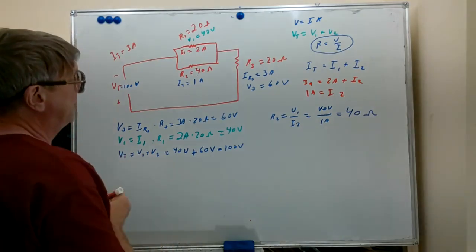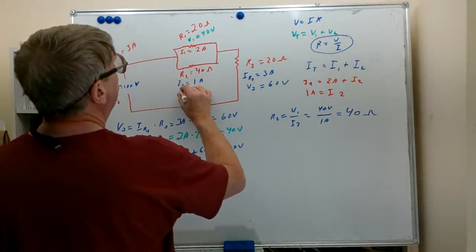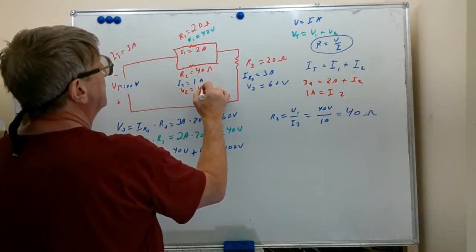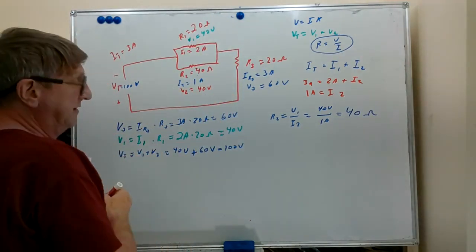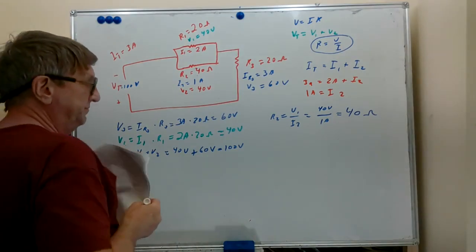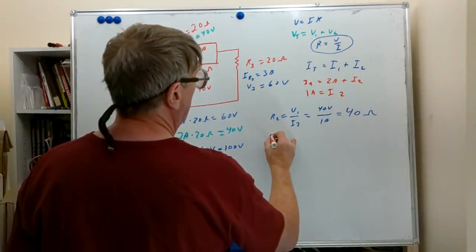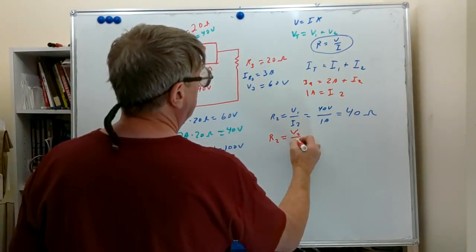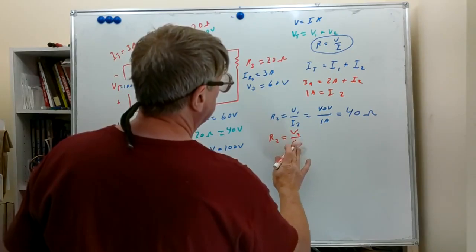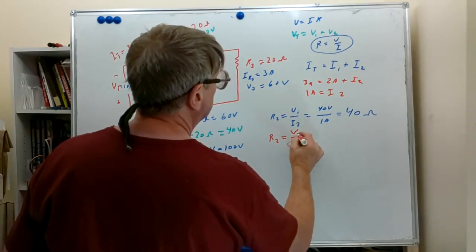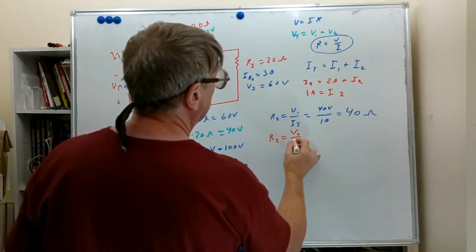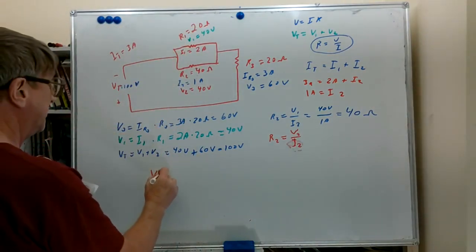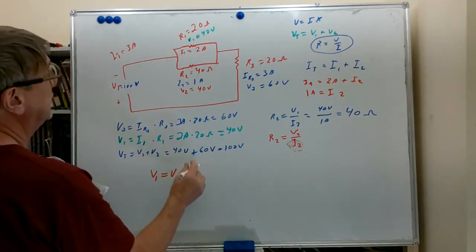Now let's put a V2 down here too, equal to the same voltage, because they're parallel. We could have taken note of the fact that R2 equals V2 divided by I2. And we could have realized from this here that V1 equals V2 equals 40 volts.